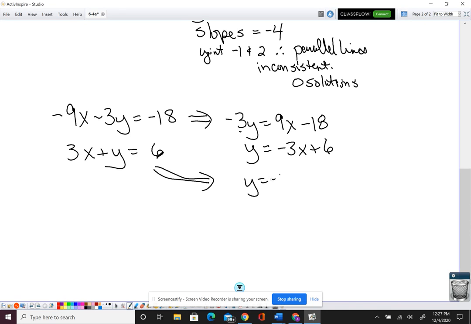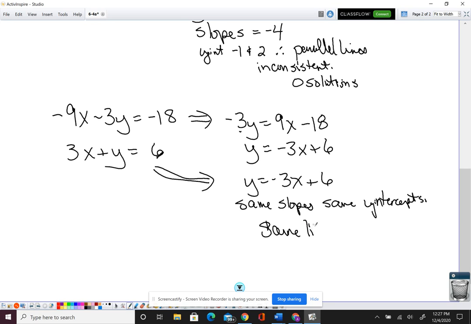It becomes y equals negative 3x plus 6. Same slopes, same y-intercepts. So these are the same line. So they are consistent, infinite number of solutions, and they are dependent.